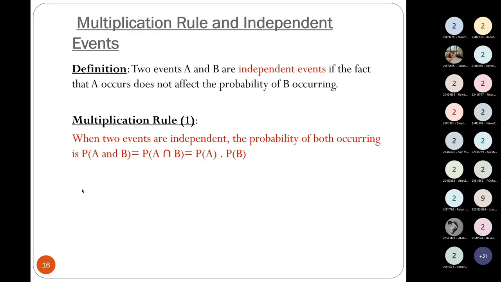In general, for independent events, the probability of A intersection B, or A and B, equals P(A) multiplied by P(B). So to verify whether events are independent or not, multiply the probabilities of the events. If the result equals the probability of the intersection, then this is an independent event.